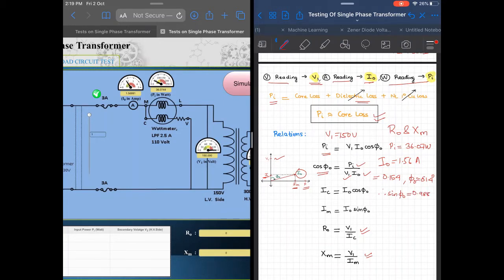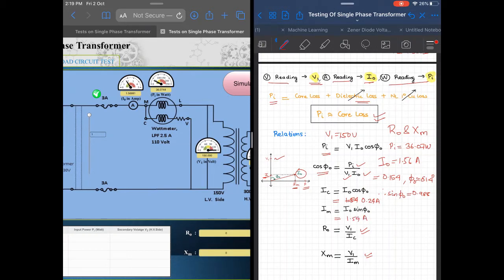So we get the value of IC as 0.24 ampere, and we get the value of IM as 1.54 ampere.